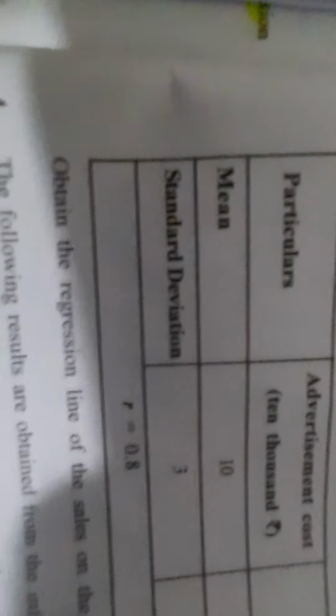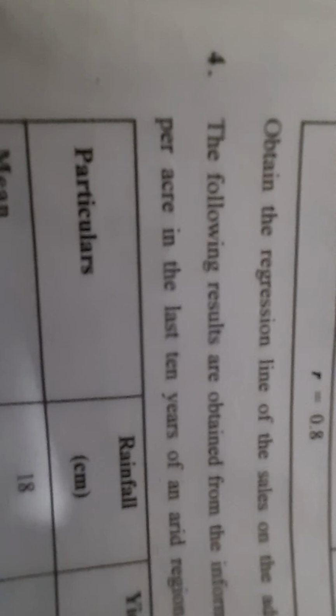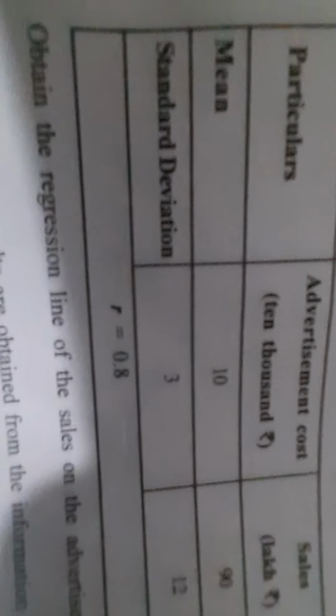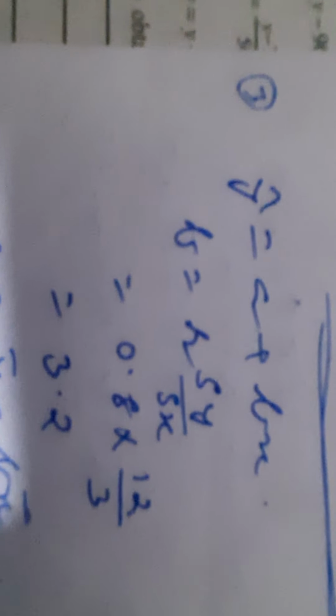Then we go to question number 3. Here what is asked? Obtain the regression line of sales on advertisement cost. Here what are the things available? Mean is available, standard deviation is available, r is available. So we know the formula byx is equal to r sy upon sx. So everything is available that way.